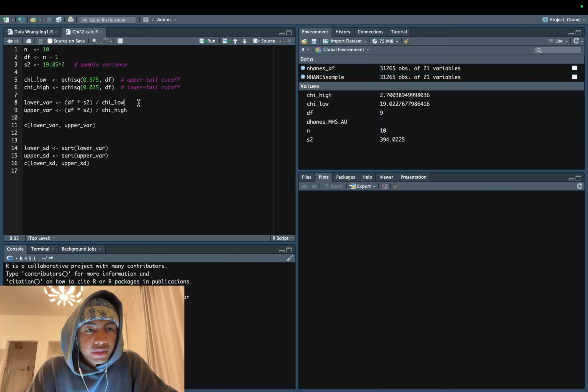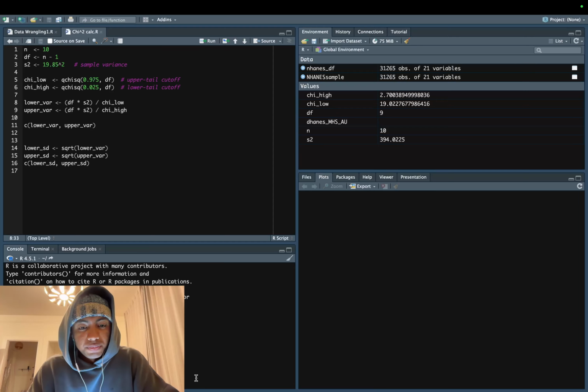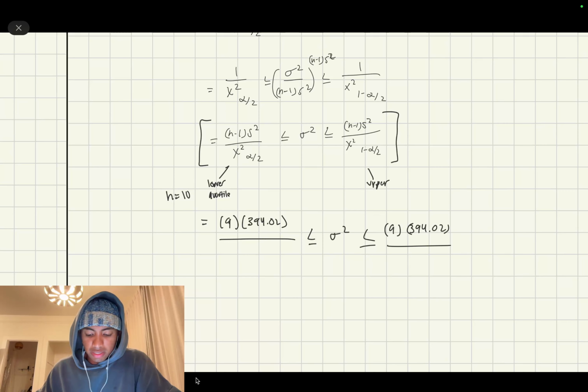Now our lower variance. We can assign this object, lower variance, for our degrees of freedom times our sample variance divided by our chi-low, which is, let me re-share my screen. That is equivalent to this.